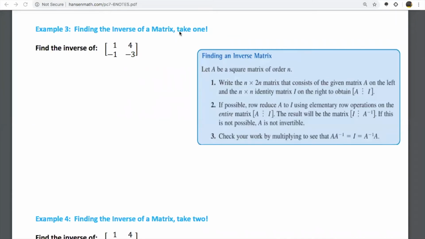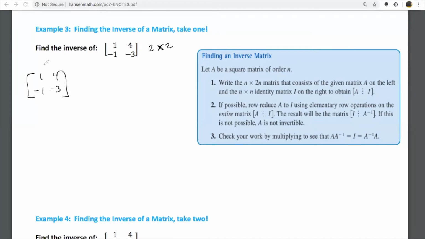Next, we're going to look at ways in which you can find the inverse of a matrix. In this example, we're going to look at finding the inverse of this 2 by 2 matrix right here. And we are going to look at a way that really reiterates the message of what an inverse is and what it does. So I would like to recopy this matrix, which has elements 1, 4, -1, and -3.